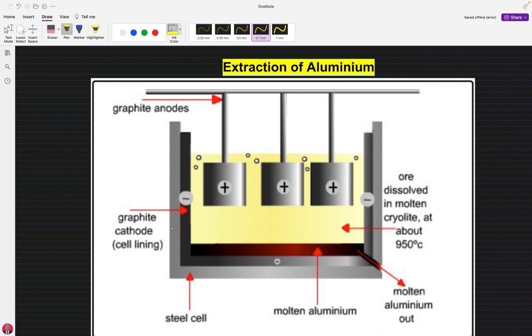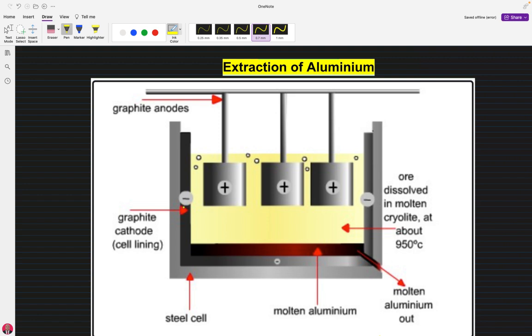You will see the steel cell surrounding the whole chamber. You will see the molten aluminium as it is being taken out, and how they all dissolve in cryolite at a very high temperature. You will see what is happening at the electrodes, both the anode and the cathode.